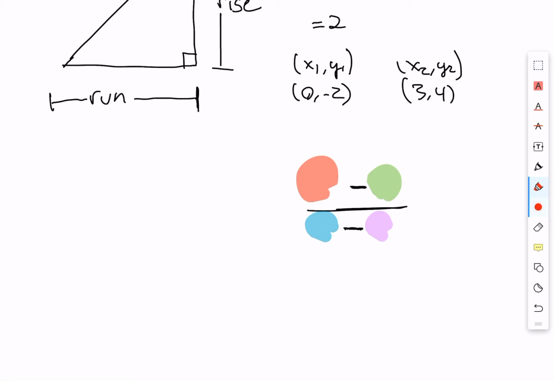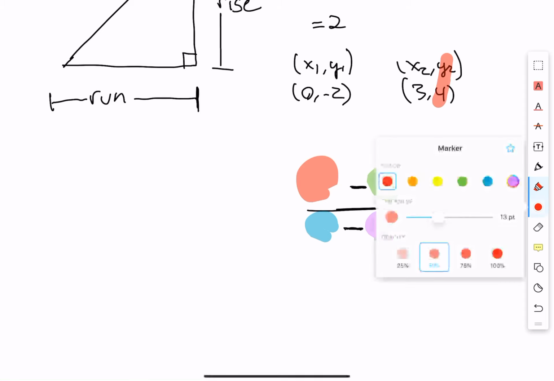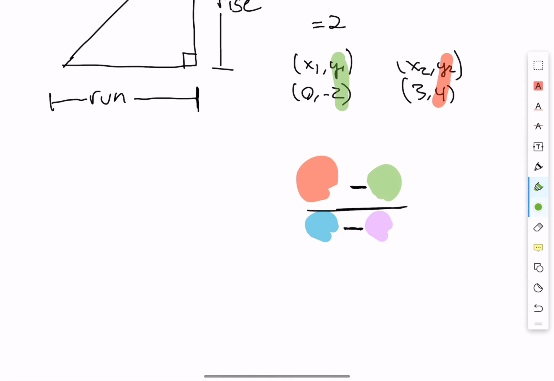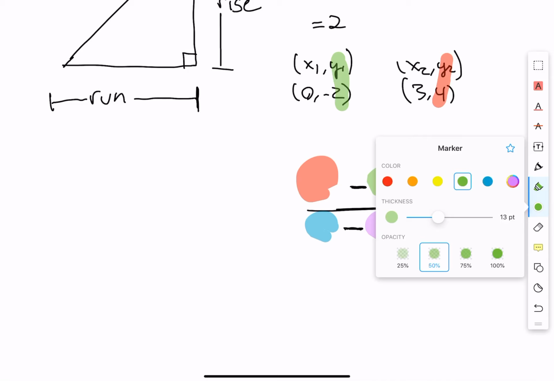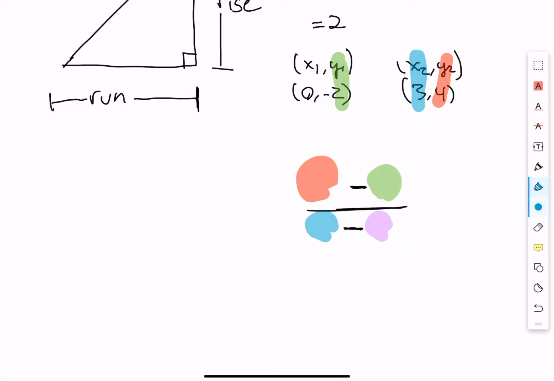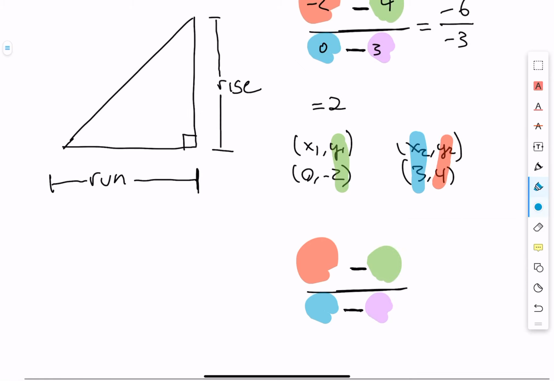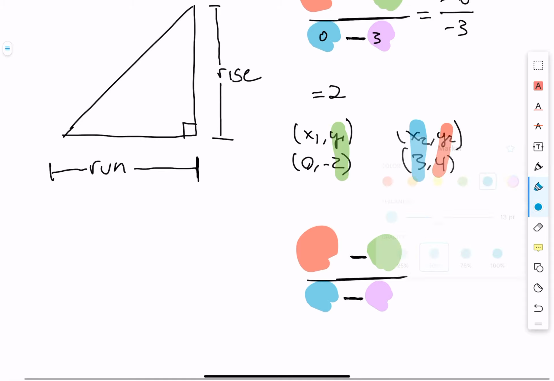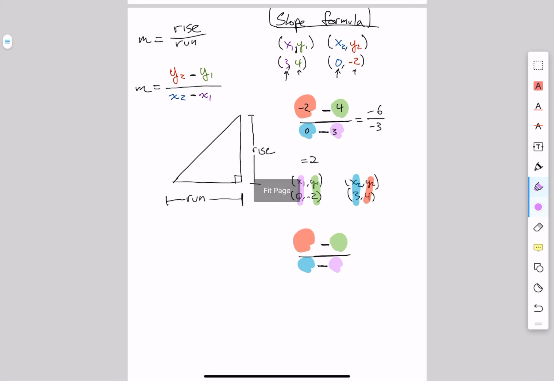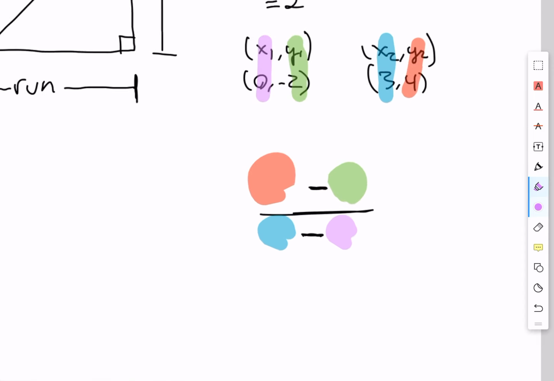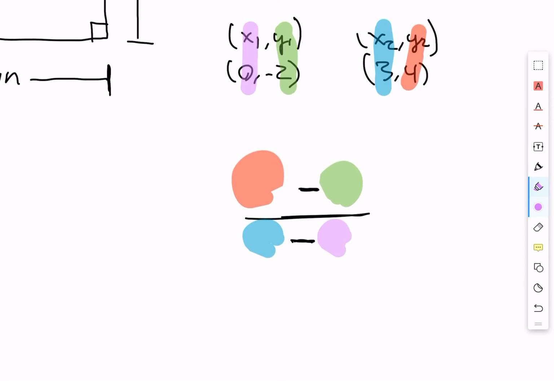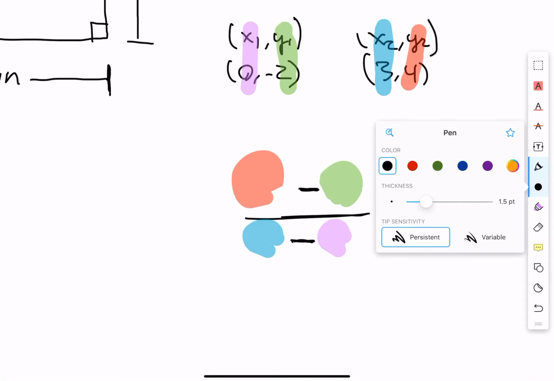So we're doing y2 minus y1, and then we're doing x2 minus x1, which is purple. All right, I wanted to make sure I had my color coding consistent.